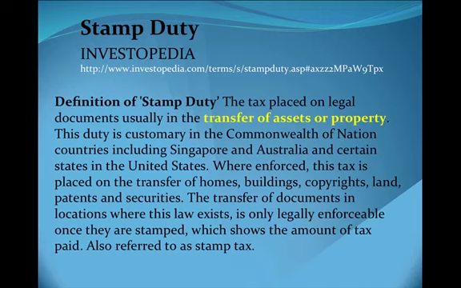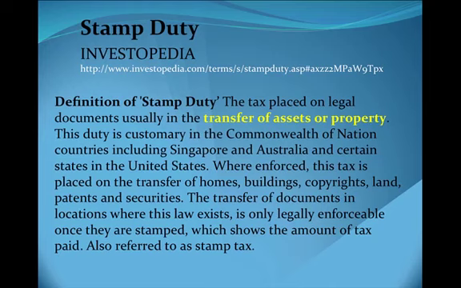This duty is customary in the Commonwealth of Nations countries, including Singapore and Australia and certain states in the United States. Where enforced, this tax is placed on the transfer of homes, buildings, copyrights, land, I didn't highlight land there, patents and securities. Okay, we're all three of those, land, patents and securities.